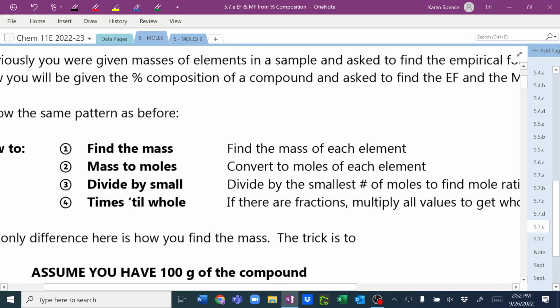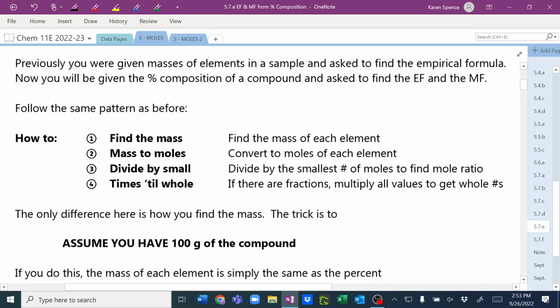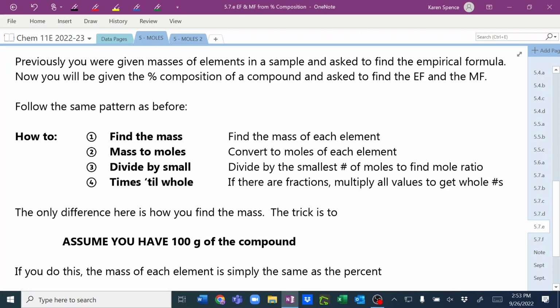So you need to know the mass of each element, then what do you do with that? Mass to moles, and then what do you do with those mole amounts? You divide each of them by the smallest quantity, and then if you end up with fractions, you times till whole, okay? So there's nothing new here either, which is why we can teach this entire lesson in 10 minutes, right? Like 5 minutes.